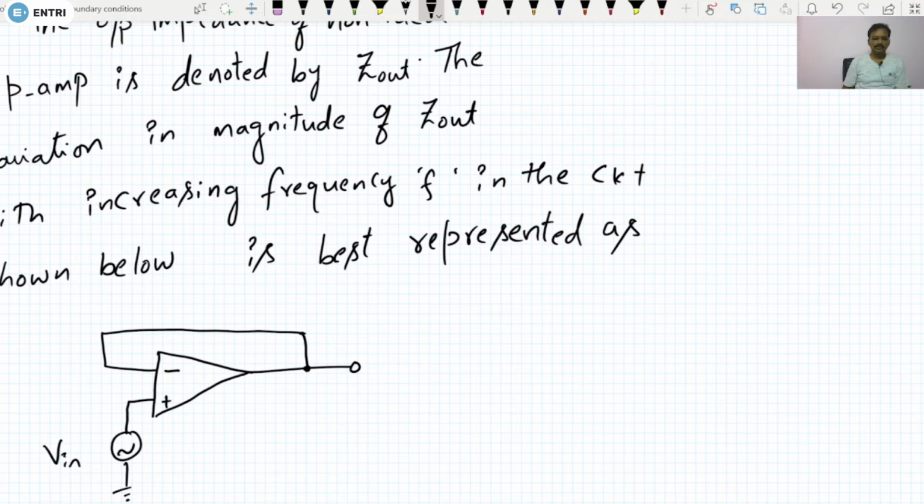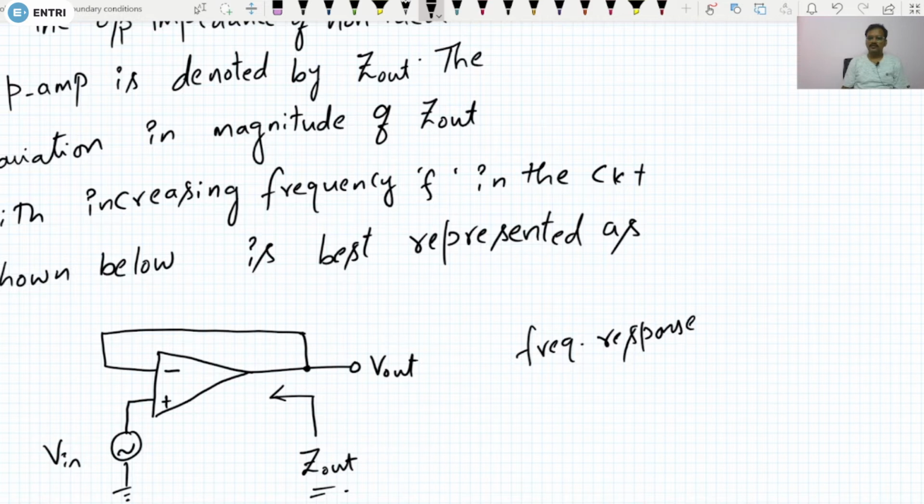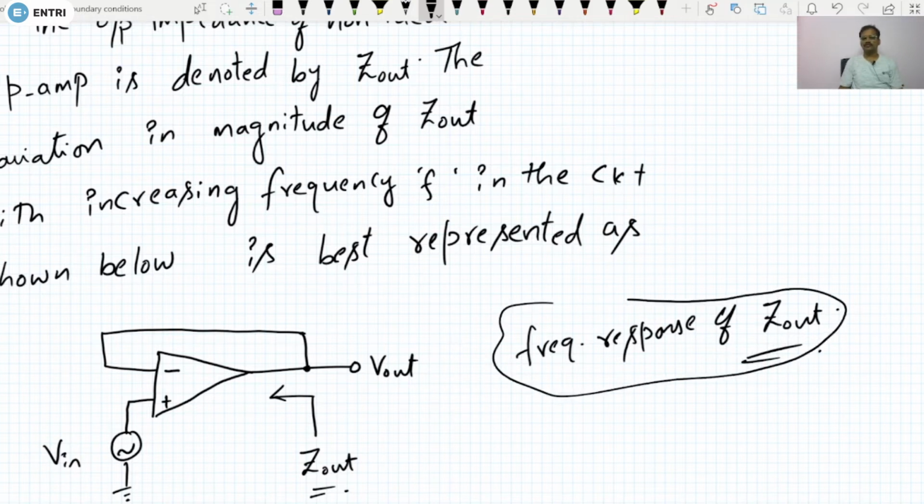This is the output voltage. They are asking about the Z out here. What happens to Z out as the frequency increases? That means they are asking the frequency response of Z out. So how is this Z out going to vary with respect to frequency? That is what we have to determine.